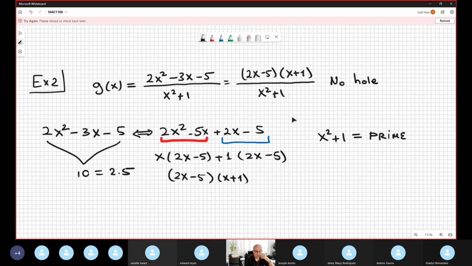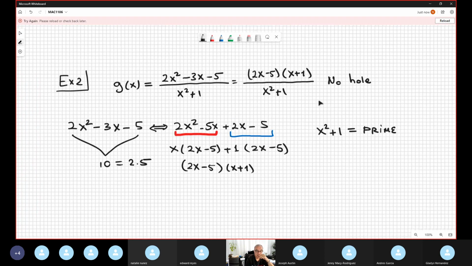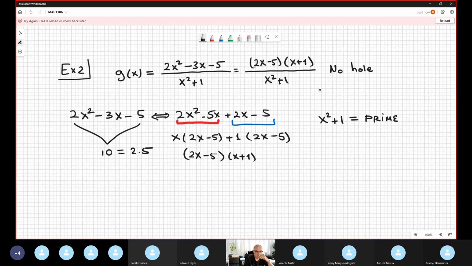Okay, now I did step 1, get the factorization. Step 2 is determine the y-intercept. To determine the y-intercept, you need to plug in 0 in the original function.